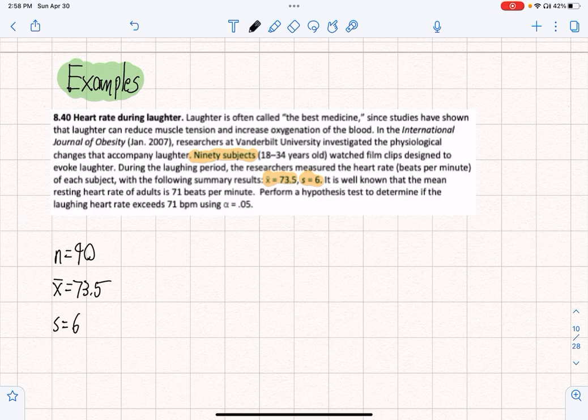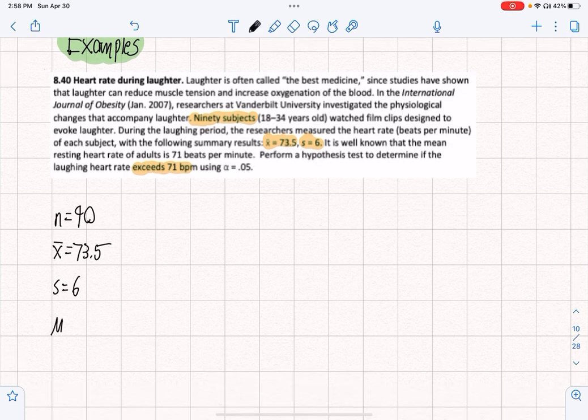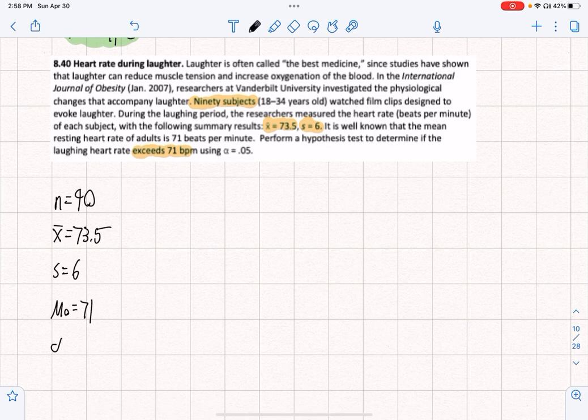It is well known that the mean resting heart rate of adults is 71 beats per minute. Perform a hypothesis test to determine if the laughing heart rate exceeds 71 beats per minute. So I'll note that here mu naught is equal to 71 because that is the hypothesized value. We were told that alpha is equal to 0.05. All right, and we're ready to get going.